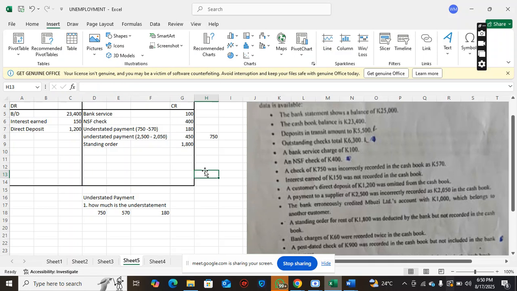Okay. The next one, bank charges of 60 kwacha were recorded twice in the cash book. If we credit, we're making it triple.